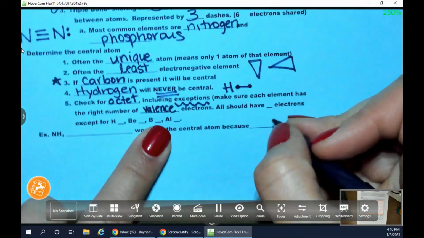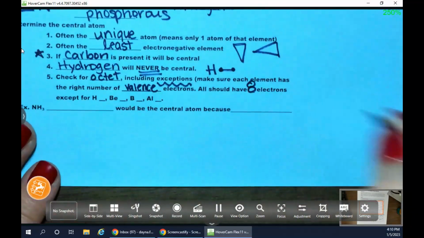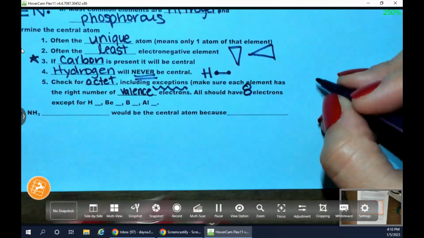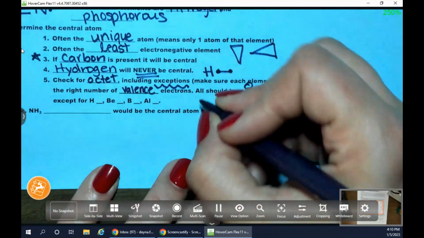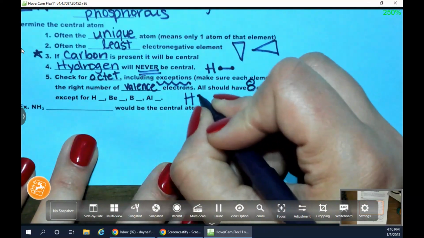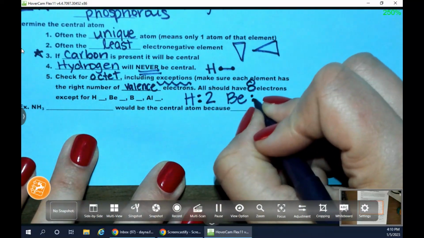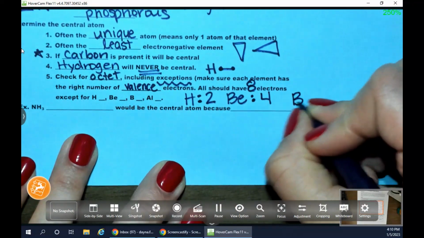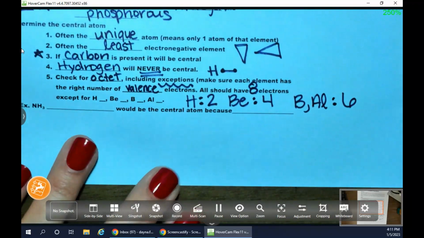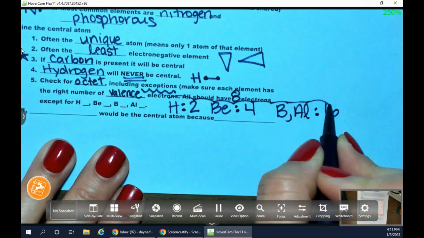What's the octet rule? 8. Good. So all should have 8 electrons, but we have these exceptions. So I'm just going to write my exceptions a little bit bigger. I recommend you make them large enough for you to see. Hydrogen will only go up to 2. Beryllium will only go up to 4. Boron and aluminum will only go up to 6. Those are the exceptions you do need to be ready to use.